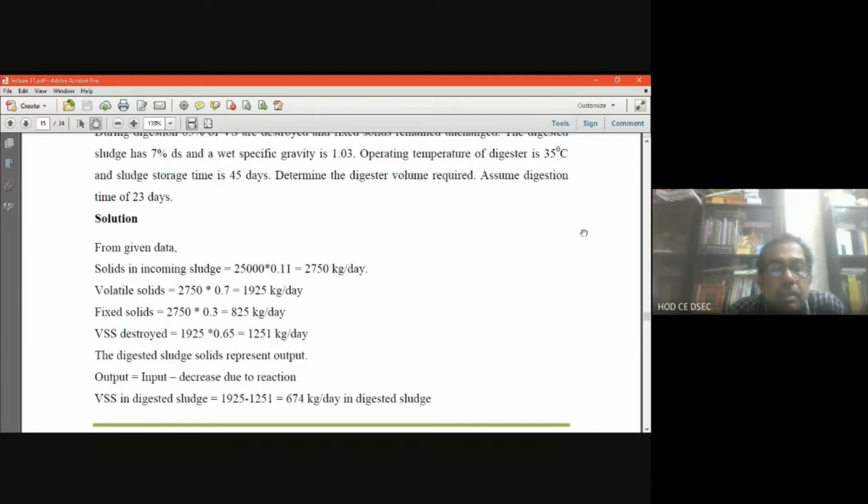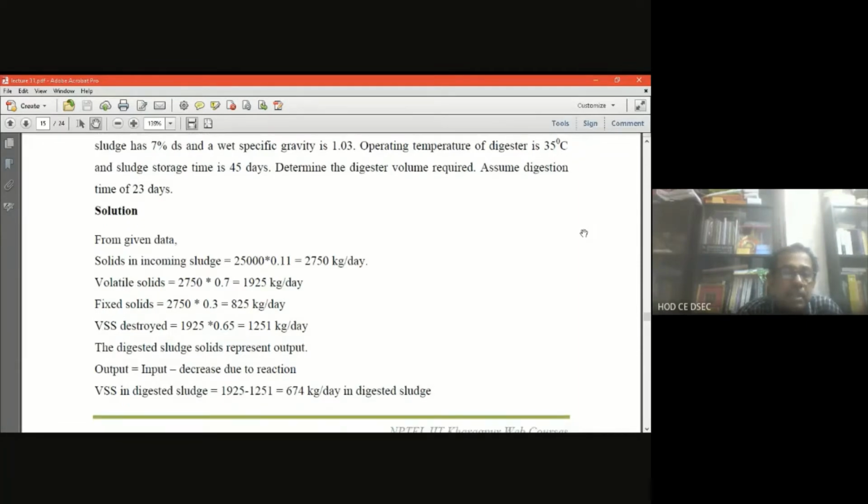So 1925 into 0.35, or 1925 minus 1251, is 674 kg per day in digested sludge, that is the volatile suspended amount.